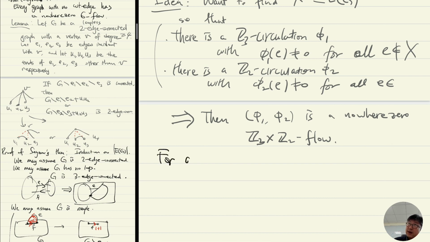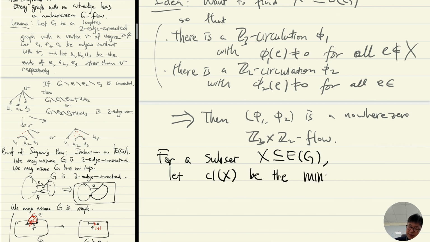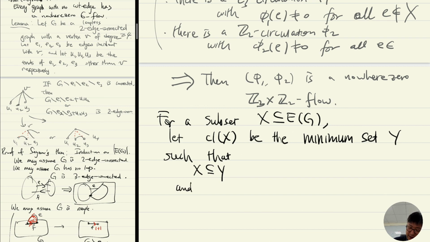For a subset X of E(G), let the closure of X be the minimum set Y, meaning a set of smallest size satisfying certain properties, such that Y contains X and there is no cycle C of G with |E(C) minus Y| being one or two.